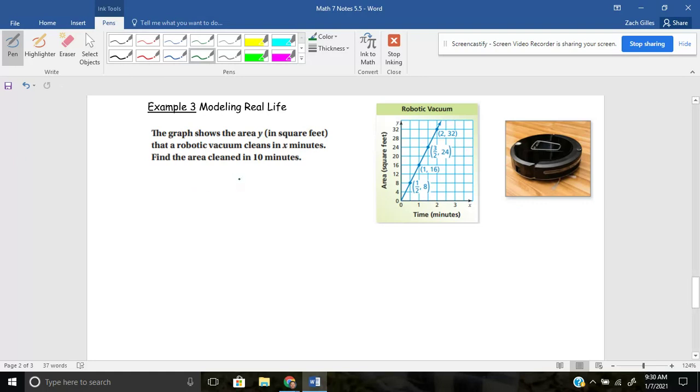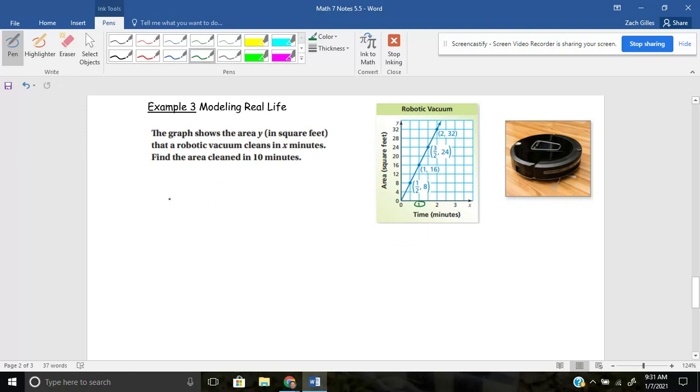Okay, so if the graph doesn't show 10 minutes, let's see if I can figure out how much area is cleaned in, let's say, 1 minute. So for every 1 minute that goes by, I can clean 16 feet.